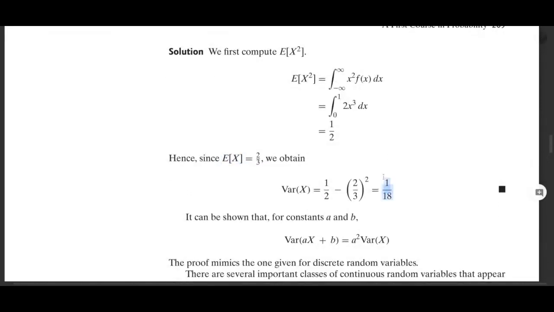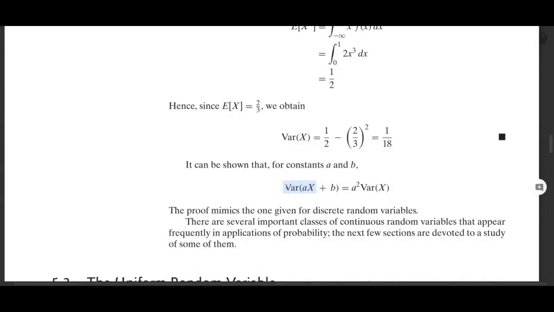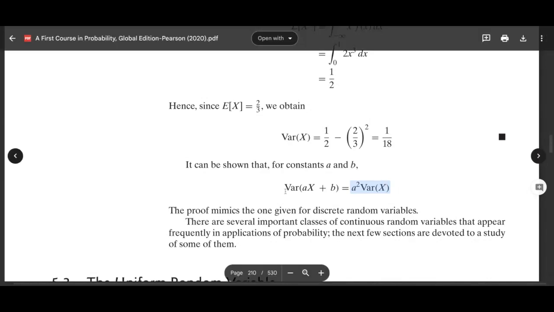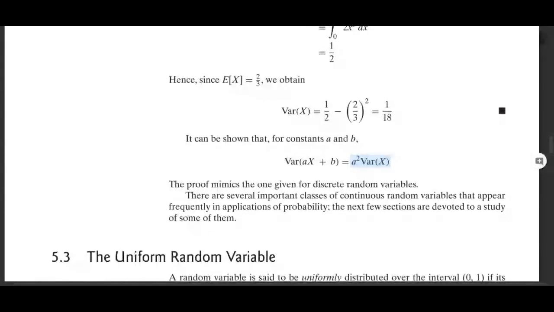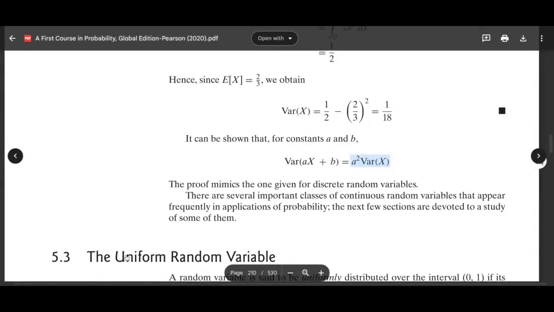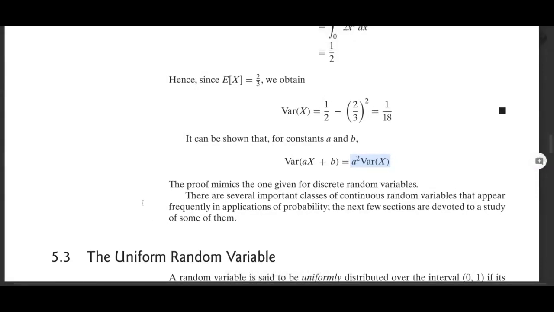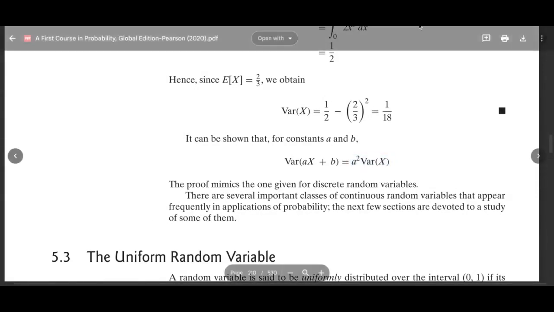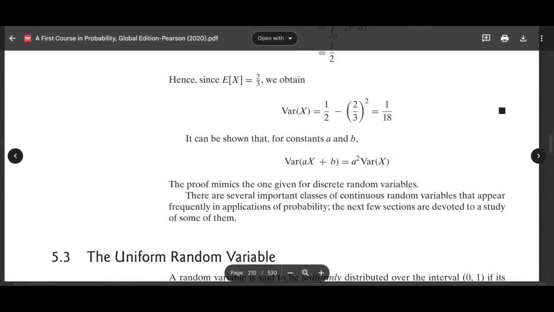So the variance is just 1/18. And we have that the variance of aX plus b equals a squared times the variance. Just ignore the b. This is the same as the discrete case. Okay, that's it. Next class we'll talk about the uniform random variable. Does anyone have any questions? Let me stop recording.